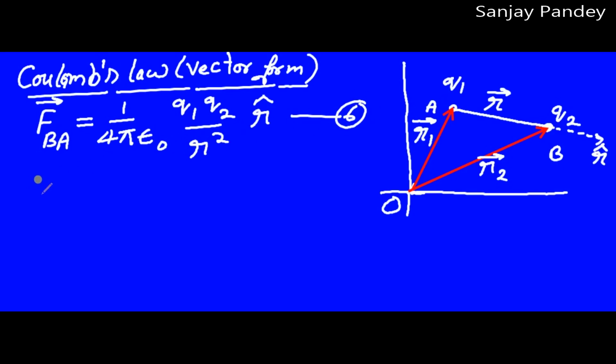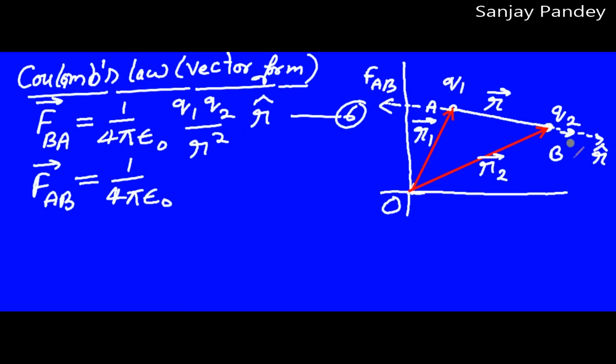And similarly, the force on charge at A due to charge at B is F AB, equal to 1 upon 4 pi epsilon naught Q1 Q2 upon r square. This force on charge A will be in this direction, opposite to r cap, and force F BA will be in this direction.